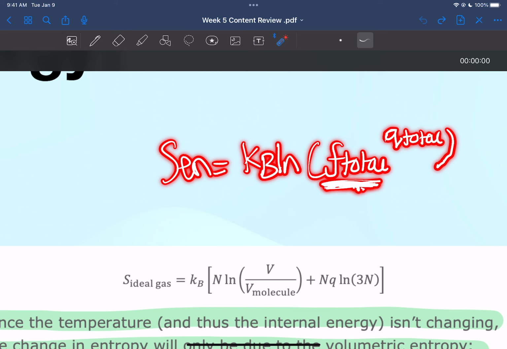Temperature constant, degrees of freedom constant.